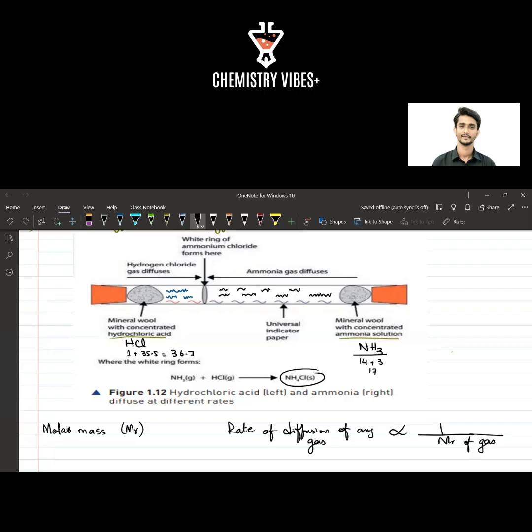So if a substance has more Mr than another, its rate of diffusion is less. If a substance has less Mr, it has a higher rate of diffusion. High Mr means less rate of diffusion. Is this clear?